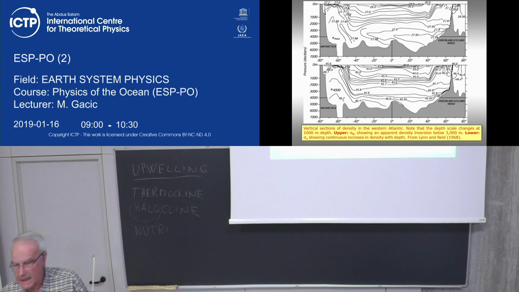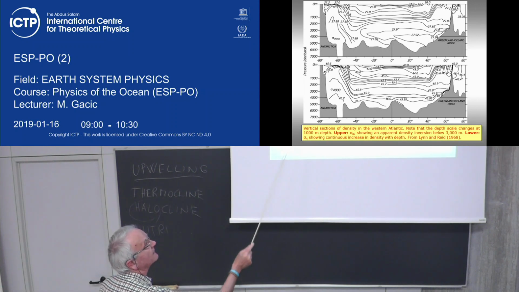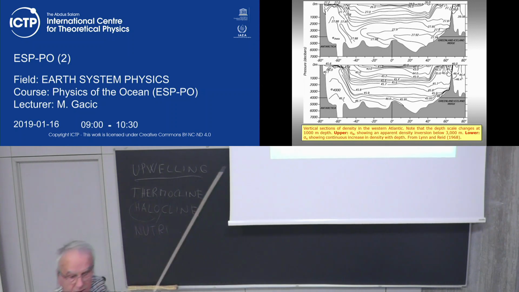So that means that there, the areas are where the water is very dense. And not only very dense, but it also seems vertically mixed. There are no differences in density between different layers in those areas.